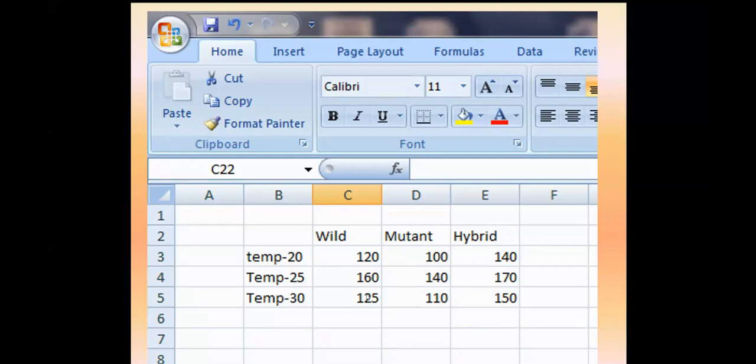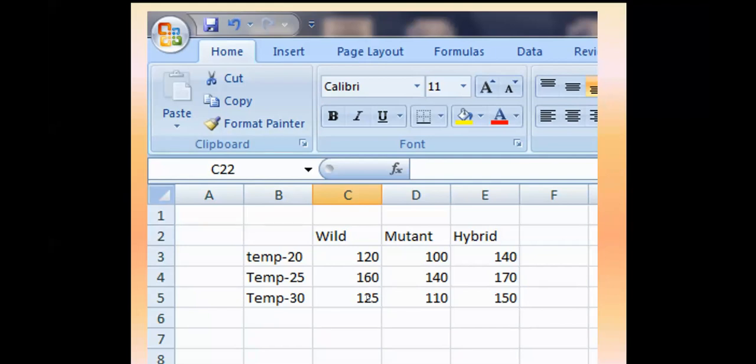So three different categories are there, three different columns are there, and the females have laid their eggs. We have counted the number of eggs laid by wild type females, mutant females, and hybrid females. Now we have reared those flies at a temperature of 20 degrees Celsius, at 25 degrees Celsius, and also at 30 degrees Celsius.